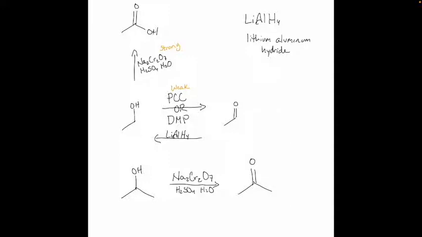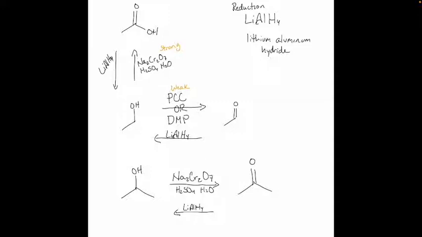It'll reduce an aldehyde to a primary alcohol. We can also use it to reduce a ketone to a secondary alcohol. We can actually use it to reduce a carboxylic acid as well. So it is just the go-to reducing agent here, sort of the reverse direction of all 3 of these oxidation reactions that I had put up on the board. Let me just color code.